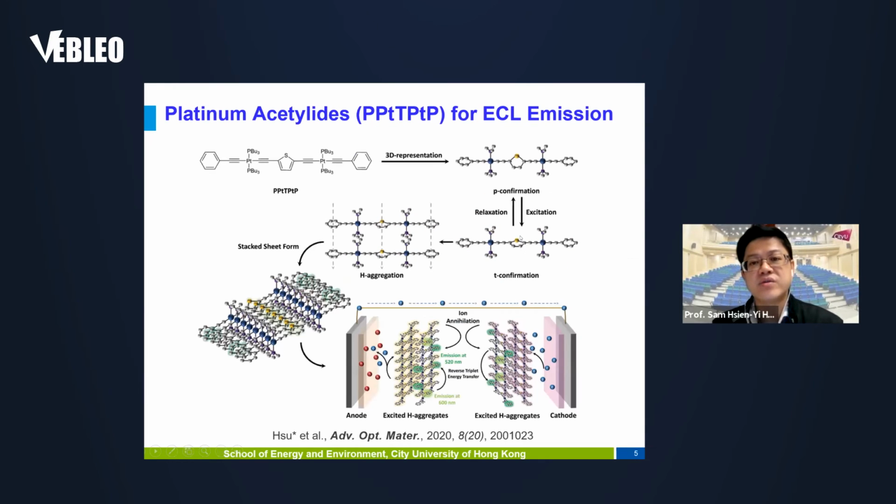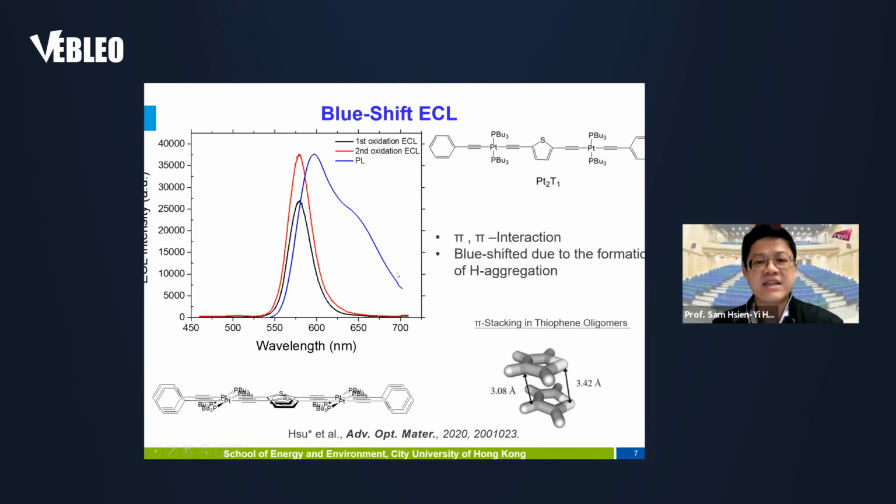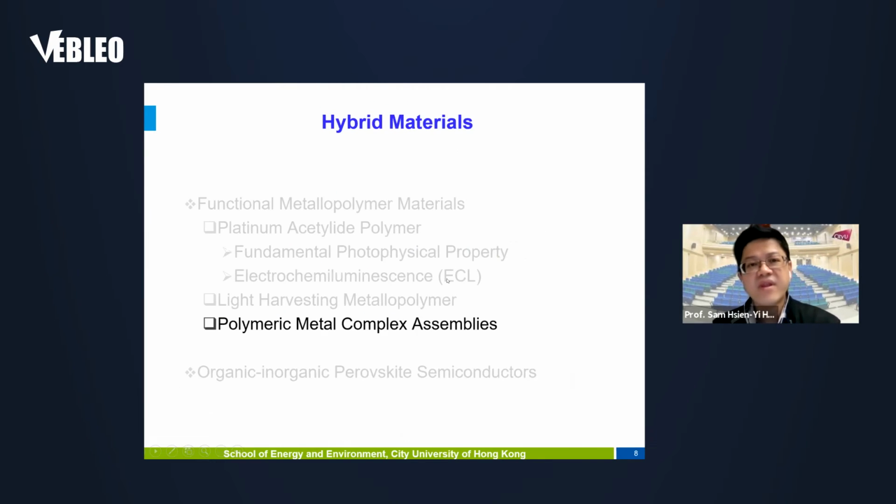As I showed you, this T conformation is favorable for the edge aggregation, resulting in this blue shift ECL. So that is the electrochemiluminescence of these functional metal polymer materials.